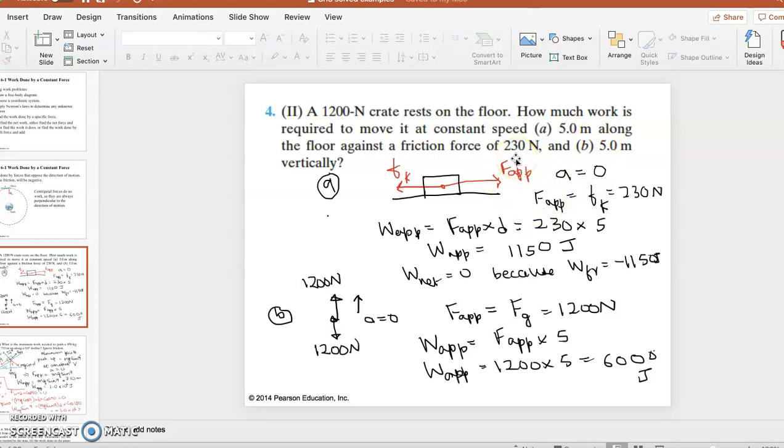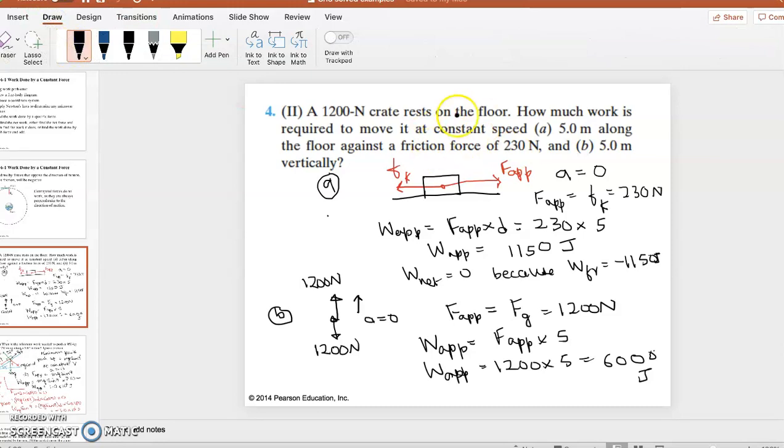So we can assume that the applied force is the 230. So this is the object, and the applied force will be exactly the amount of the kinetic friction. So it is the 230. And of course, the displacement, it says it will move 5 meters along the force against the action force. It means we are also moving on the same line. So the applied force is 230, the distance is 5.